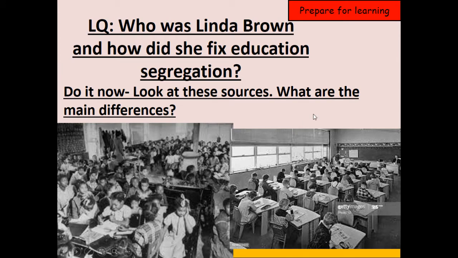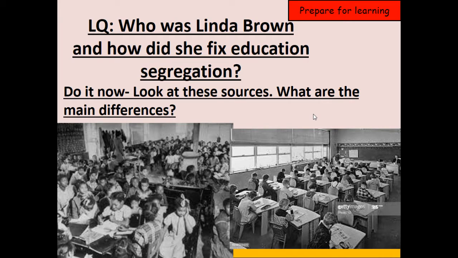What we've got here is two kinds of school settings. Neither of them look familiar to us because in America they have a different kind of classroom layout to what we do, where generally students might have separate desks, whereas over here we tend to have more grouped together tables.